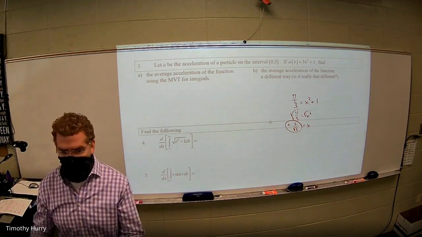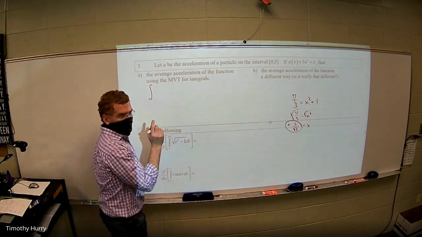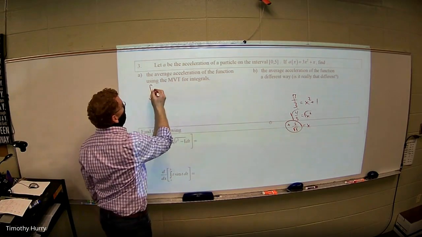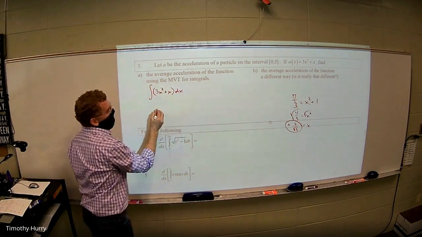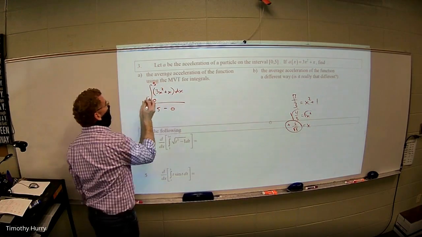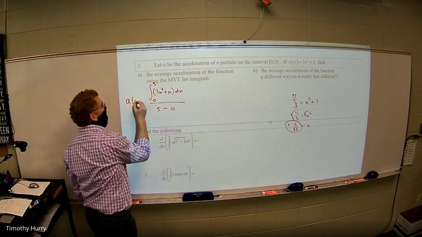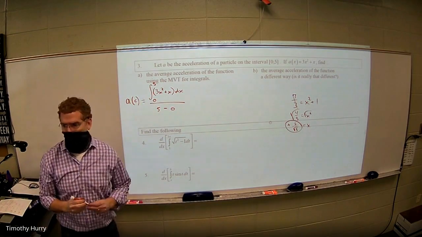How do I find the average? I integrate it from 0 to 5 over 5 minus 0. And that finds the average acceleration.